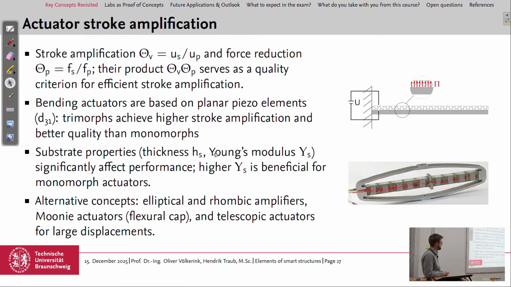And we also had a look at alternative concepts like elliptical and rhombic amplifiers, or this Moonie actuator, where a stack actuator with an elongation in this direction yields an amplified elongation in this direction.